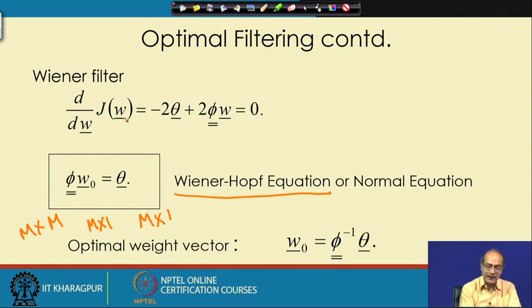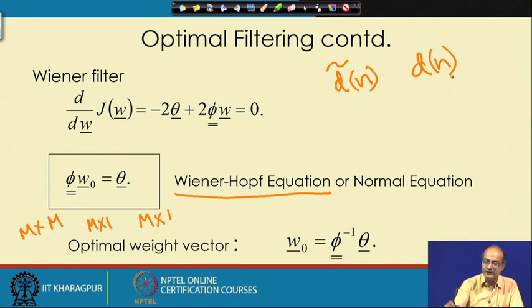And another name for this is the normal equation. Hope you recall that with the tap weight, we are getting something called d tilde n, the estimate which should be as close as possible to d n. Okay. Thereby we are minimizing the noise.